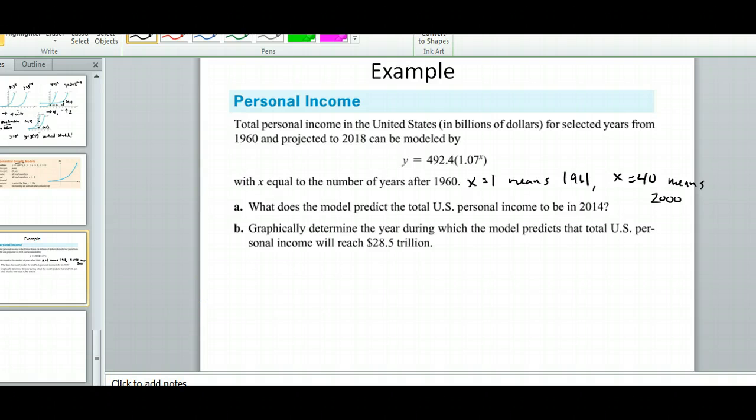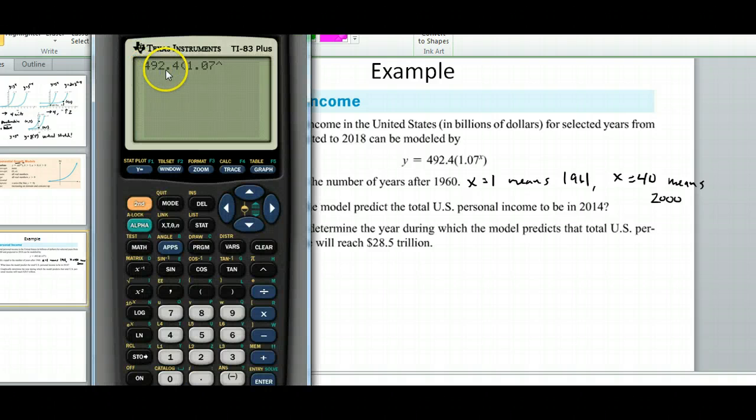To get that, go to your calculator. I've typed in 492.4, parentheses, 1.07, raised to the power x, which is what we have to figure out. What does the model predict for 2014?